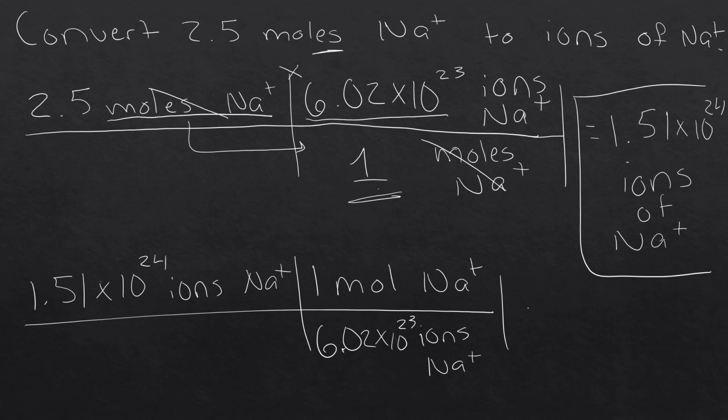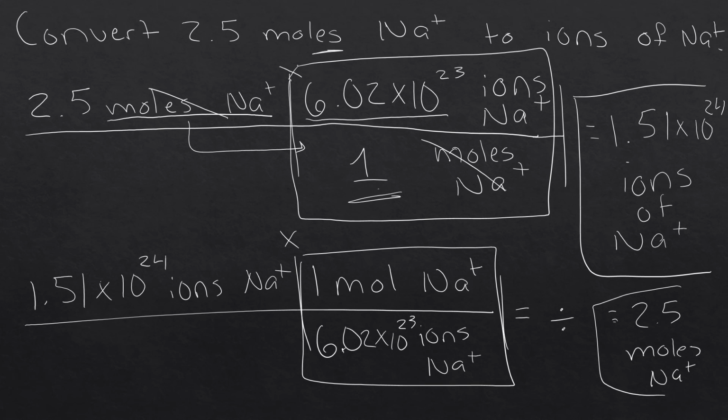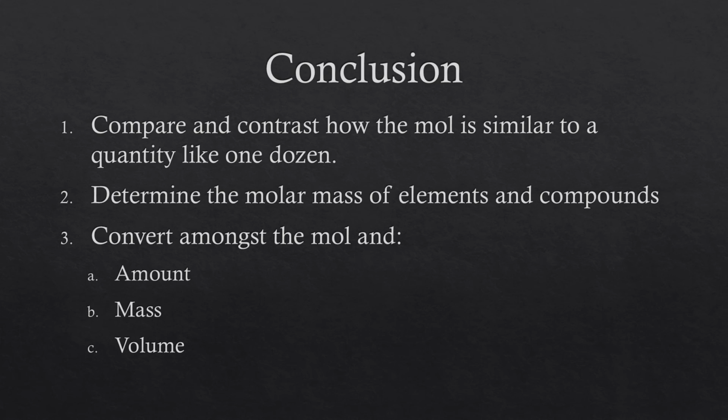And so now we would have to divide. We multiply across, divide by the bottom. And when we get that, we get 2.5 moles of Na+ as our answer. So we can either use our conversion factor like this, or we can use it like this. And this is back from chapter 3. If you need a refresher, we'll talk more about it tomorrow, but for now, let's go on to our conclusion.